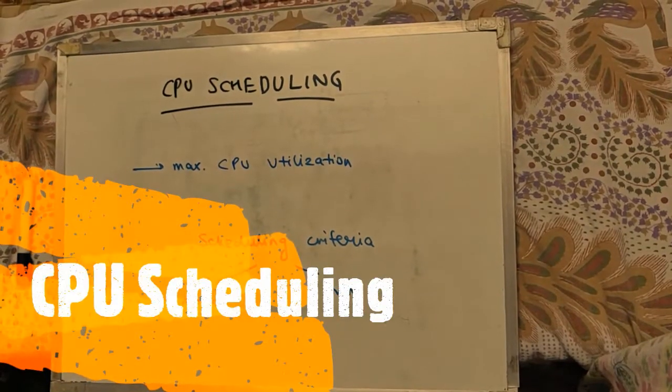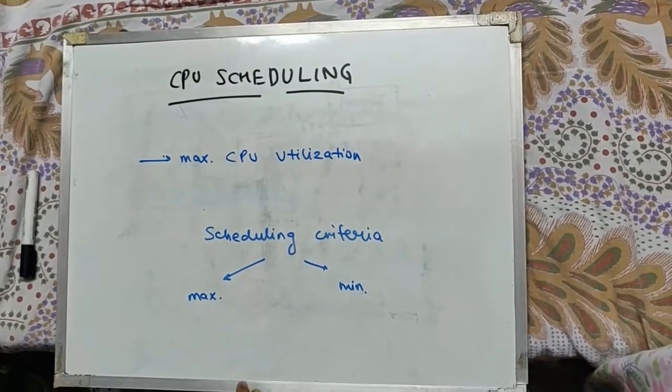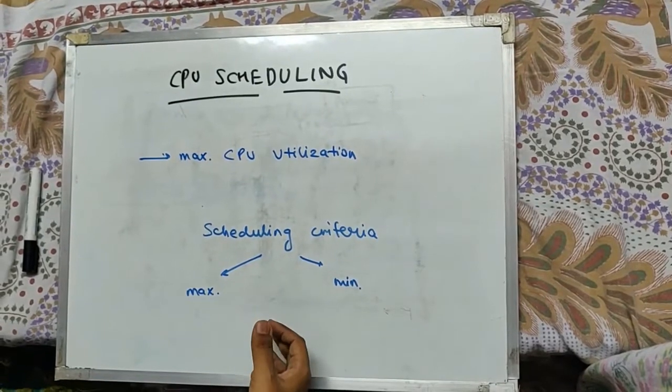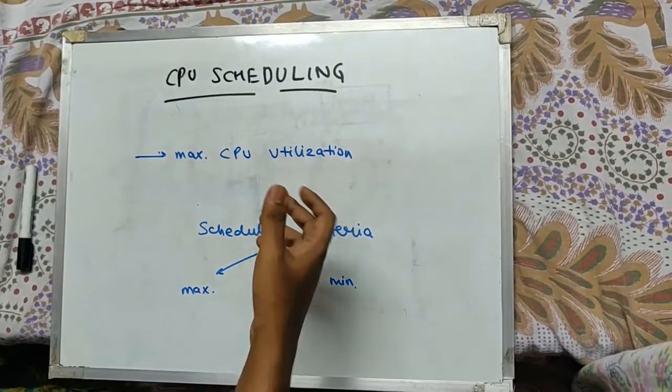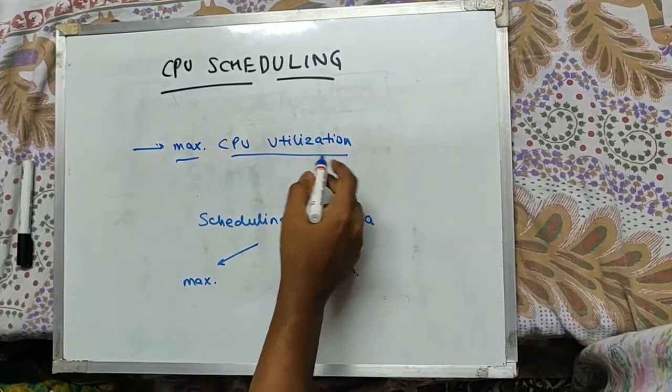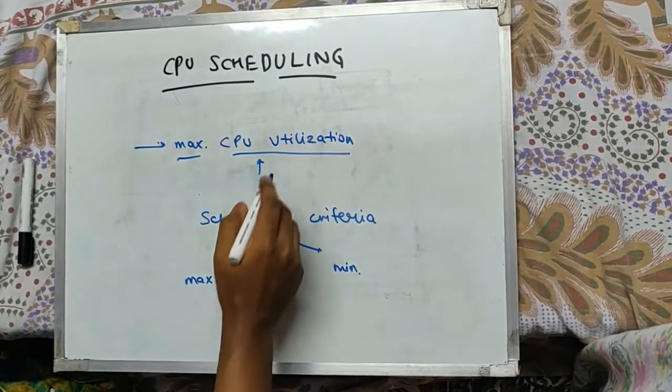Now we'll be discussing CPU scheduling. The main task of CPU scheduling is this: nowadays we have lots of processes, so the task is to schedule those processes in a way that maximizes CPU utilization. That is, we want the CPU to be busy as much as possible.